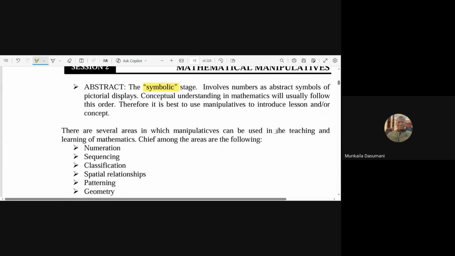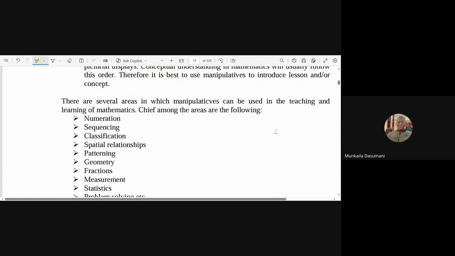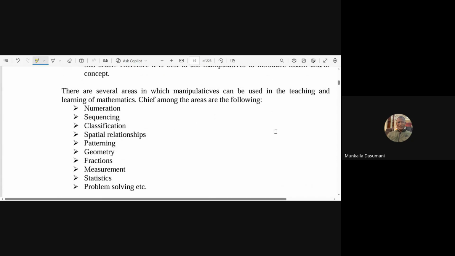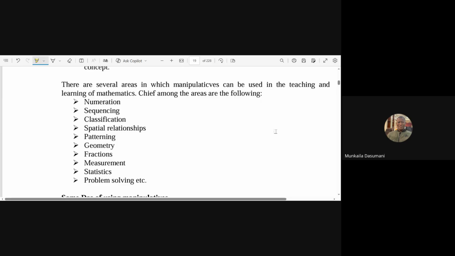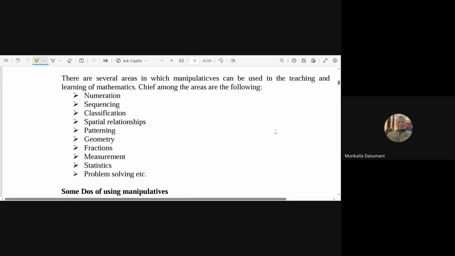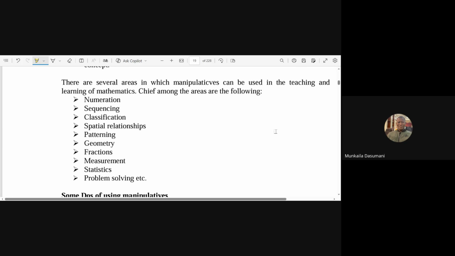And there are several areas in which manipulatives can be used in the teaching and learning of mathematics. There are so many of them. You can ask about a specific one. For instance, if I want to teach sequence and series, which of the following manipulatives will be best to use in teaching sequence and series? You should be able to learn about some of them, and then spatial relationships, numeration, geometry, fractions, measurement.